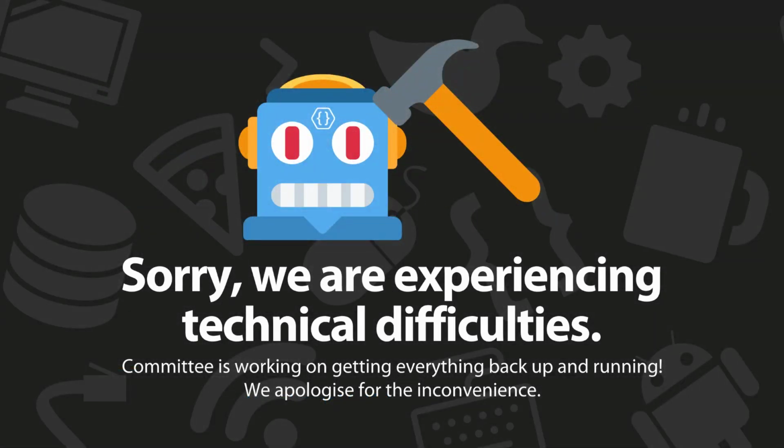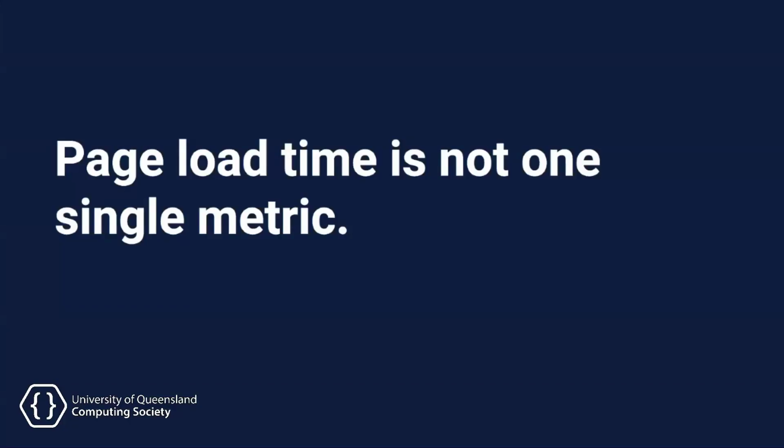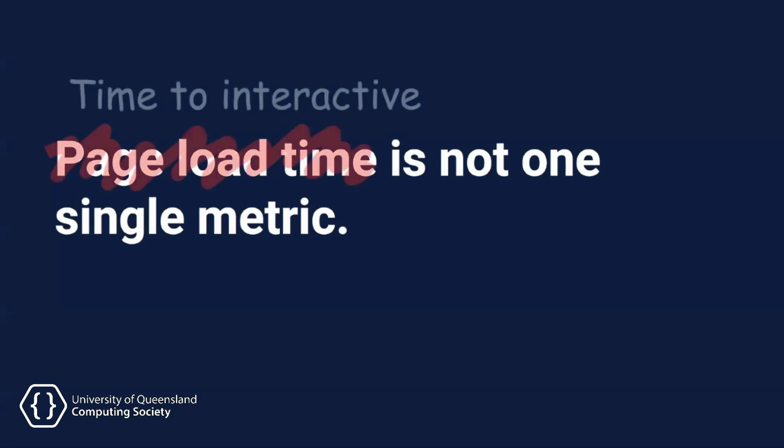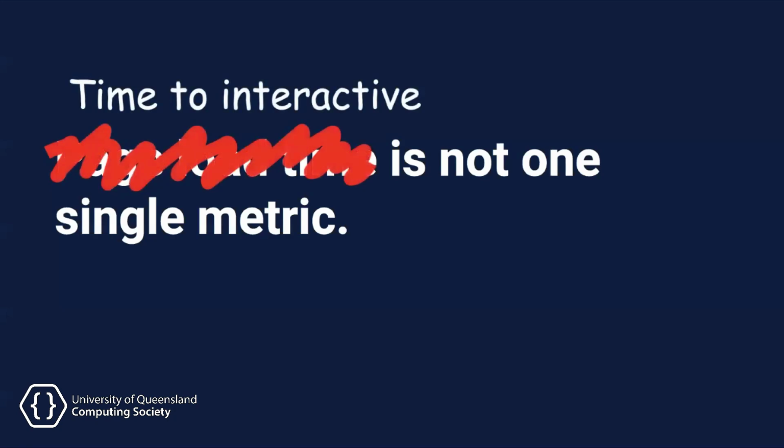you can't just optimize for one thing. As I said before, page load time is not one single metric. Hopefully that's come across. But the other metrics I talked about also do not have to be a single metric. For example, time to interactive does not have to be one single metric. To show you what I mean by that, I'll show you how Twitter's website behaves when it's loading.